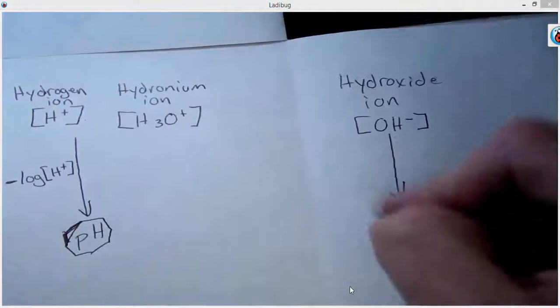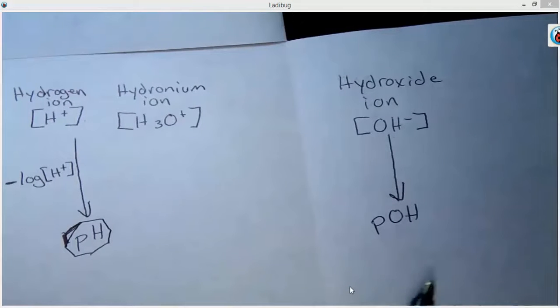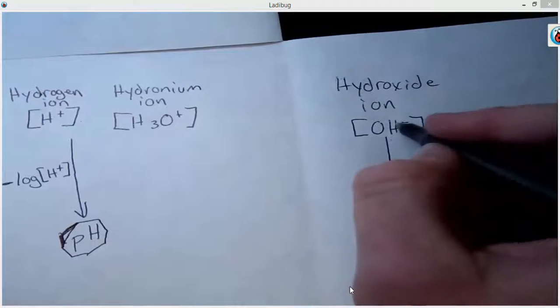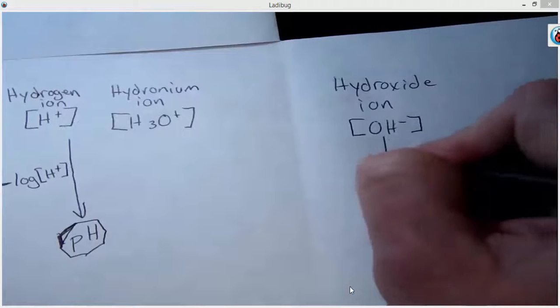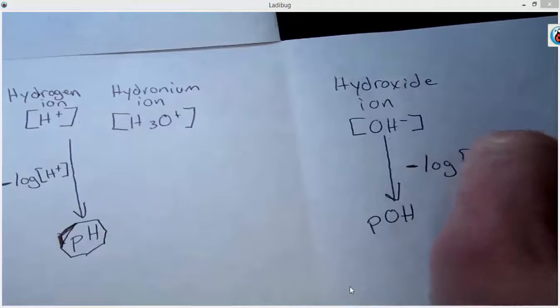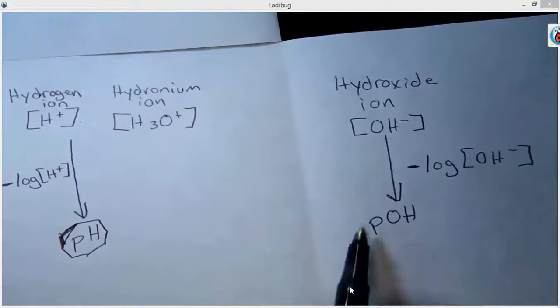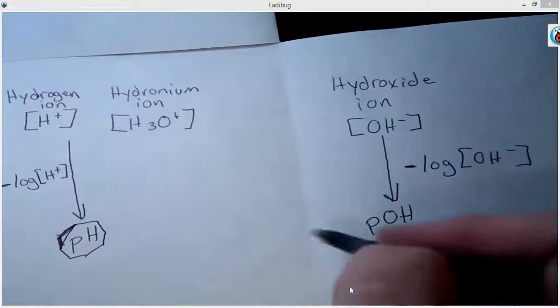We have to have a quick stop at pOH. So we get from the concentration of OH ions to the pOH by going through negative log OH, just like we did before. I will show you examples. We will never stop here. We will always keep going until we get to pH.